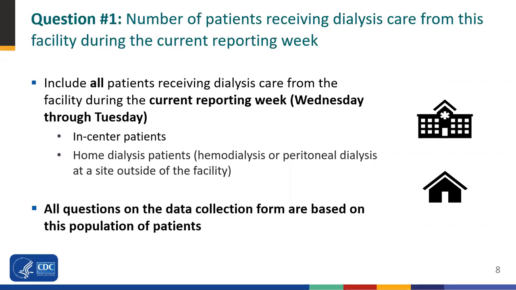The reporting week runs from Wednesday through Tuesday. Facilities should include all in-center patients and home dialysis patients, such as those receiving hemodialysis or peritoneal dialysis at a site outside the facility. Please note that all questions on the data collection form are based on this population of patients.